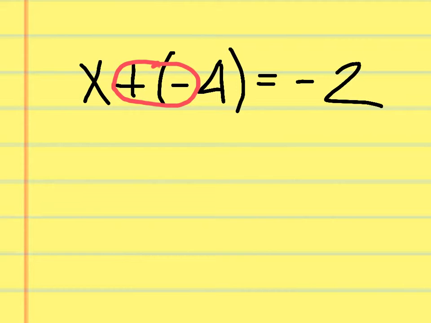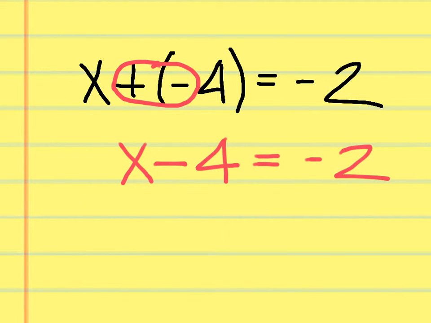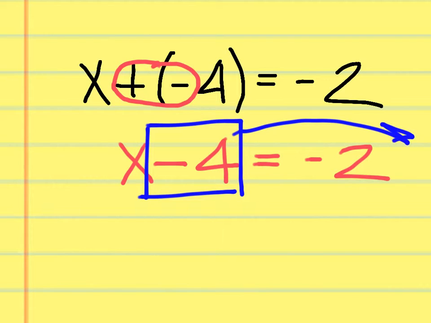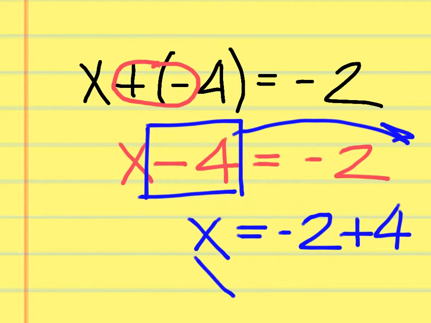This changes into this. Plus a negative is the same as minus a positive. Once you get to that spot, you can move the minus 4 to the right side. Make it plus 4. Negative 2 plus 4 is 2.